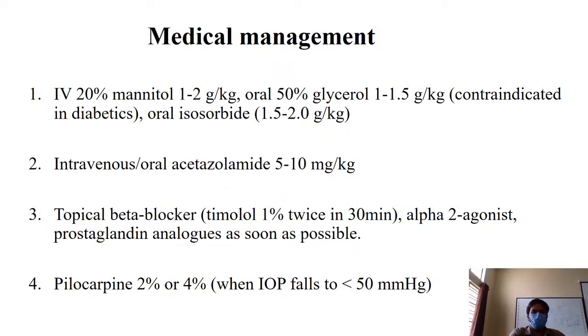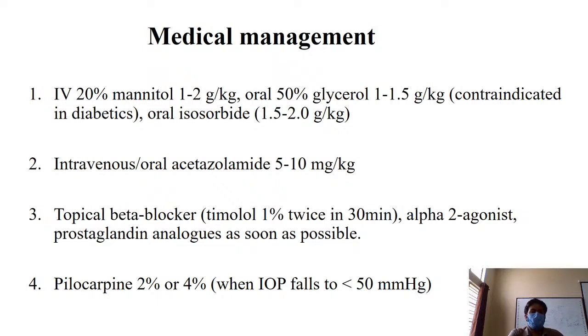First is medically, you have to give, last time I told you what are the hyperosmotic agents. Most commonly used is the mannitol, 20% IV, 1 to 2 gram per kg you have to give in these patients, okay. And once the IOP has reduced, the other agents are the acetazolamide oral, most commonly we give oral drug.